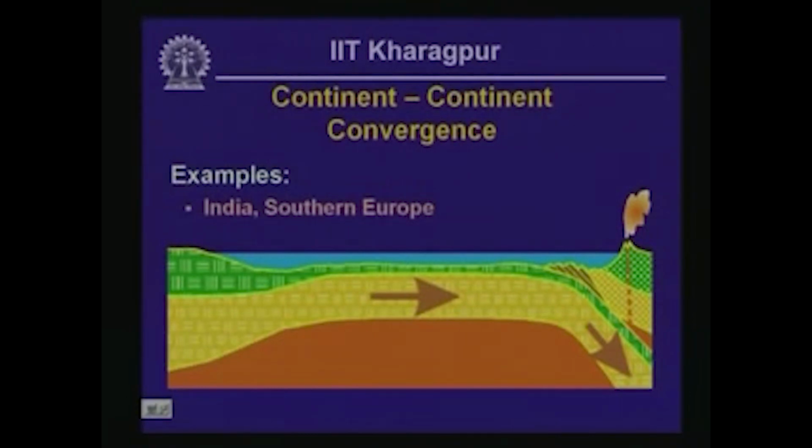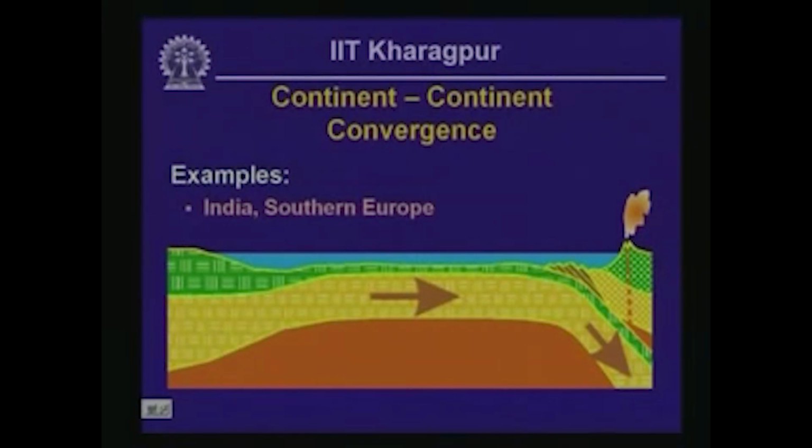Now here what we are going to look at is convergence between two continental plates. One of the examples of this type of convergence is the Indian plate colliding with the Eurasian plate, and the plate boundary where that is taking place is the Himalayan mountain ranges.